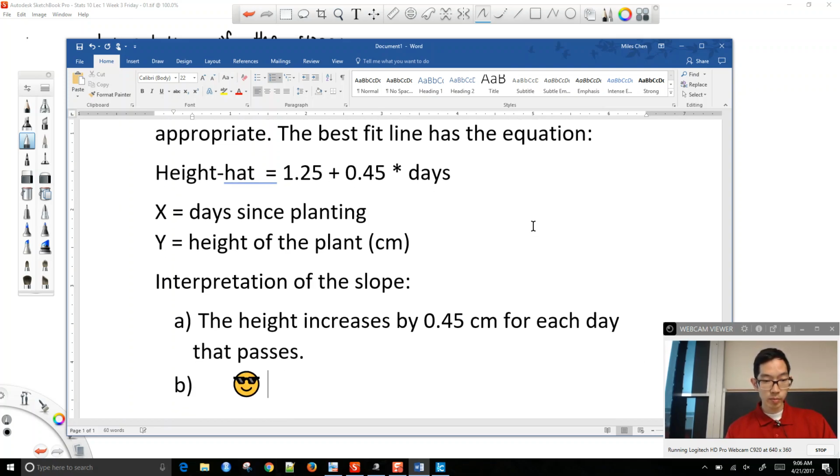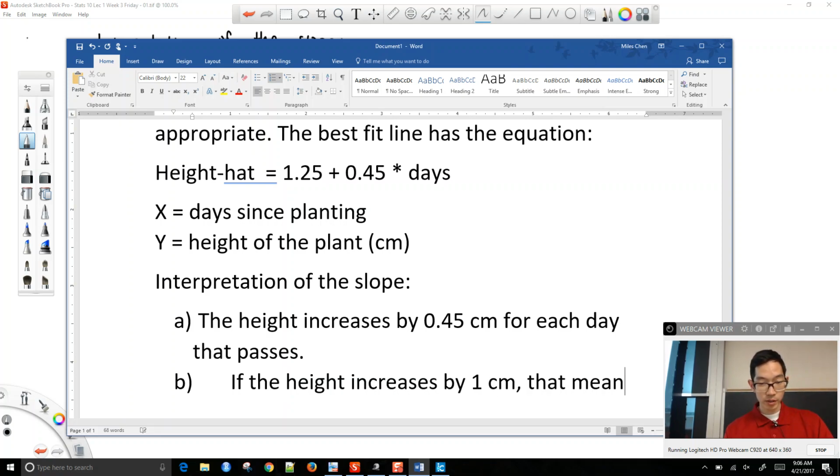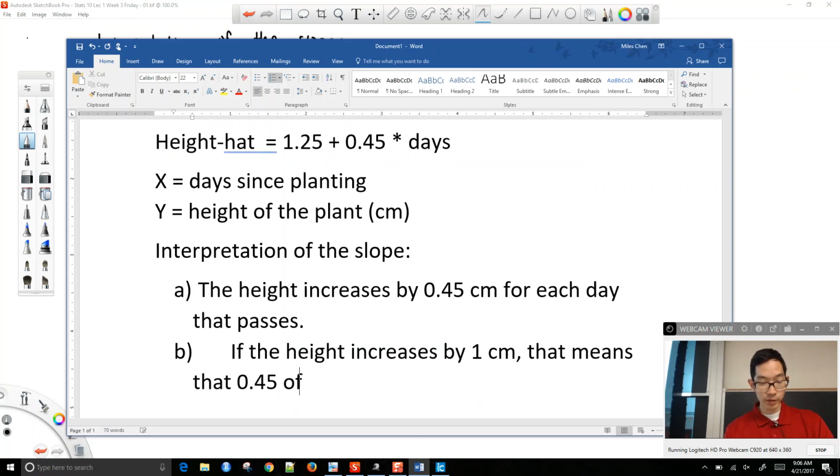B: height increases by 0.45 centimeters each day that passes. We will say, if the height increases by 1 centimeter, that means that 0.45 of a day has passed.